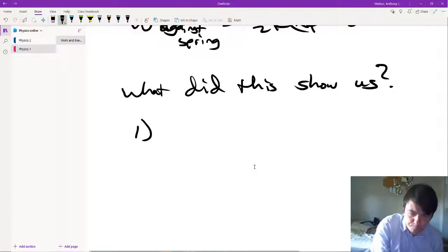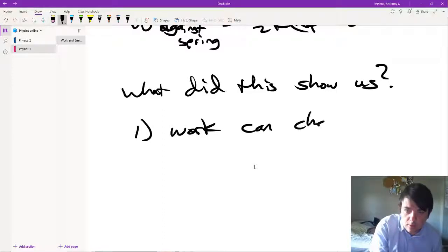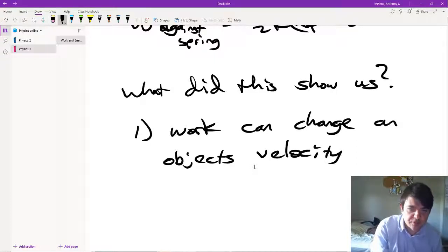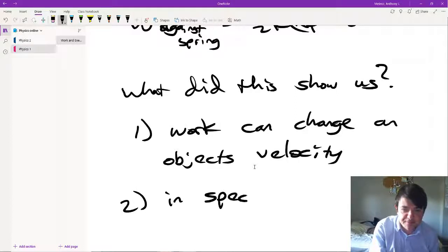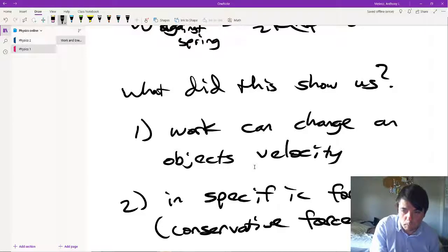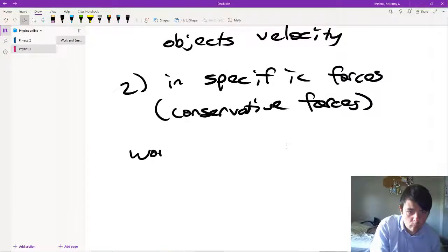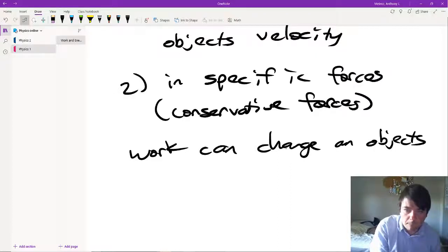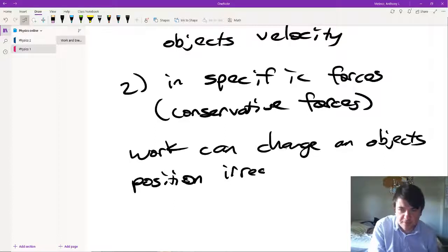So, number 1, work can change an object's velocity. 2, in specific forces, read conservative forces, work can change an object's position irrespective of the path taken.